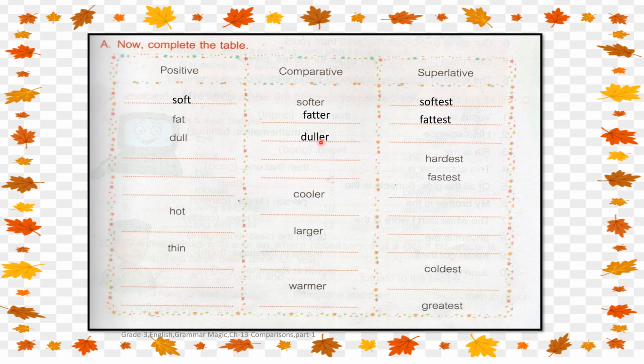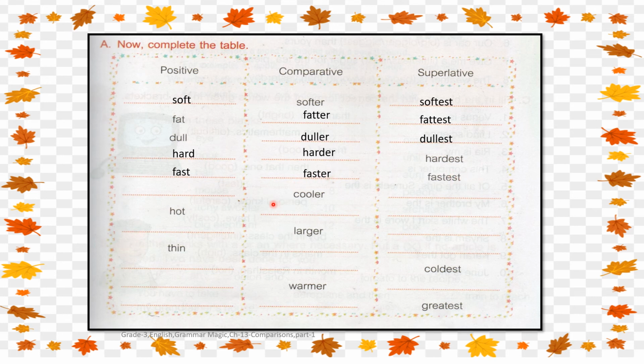Dull, duller, dullest. Your superlative is given, hardest, so positive will become hard. Comparative, harder, hardest. Here, fastest becomes fast, faster, fastest.